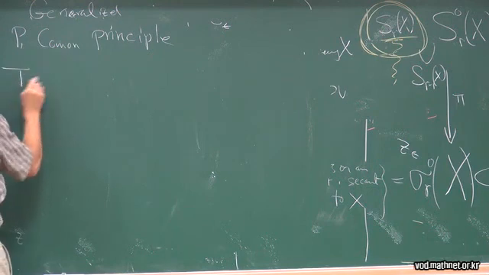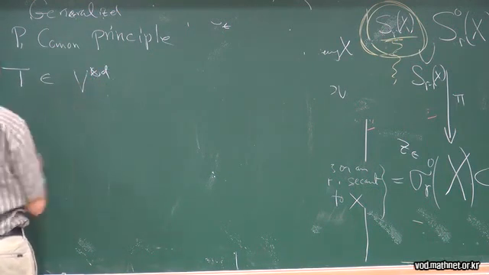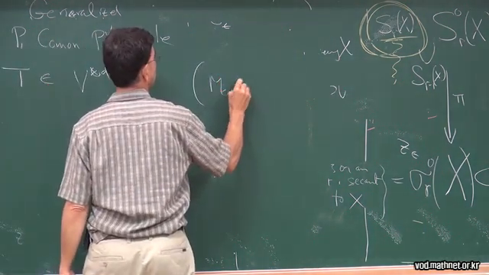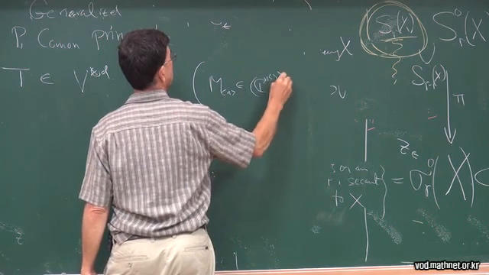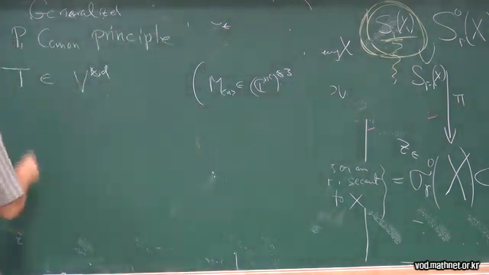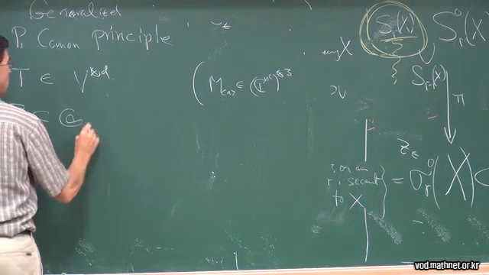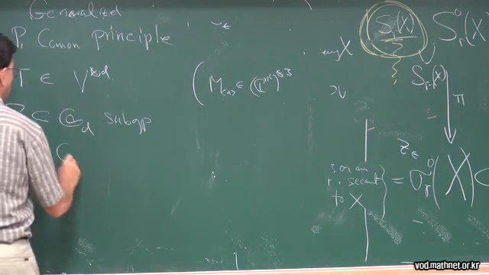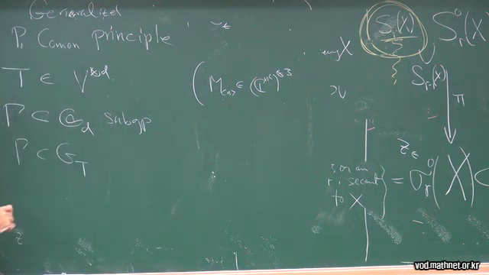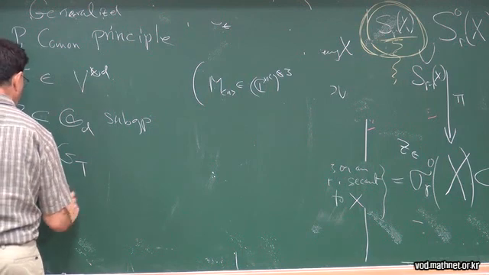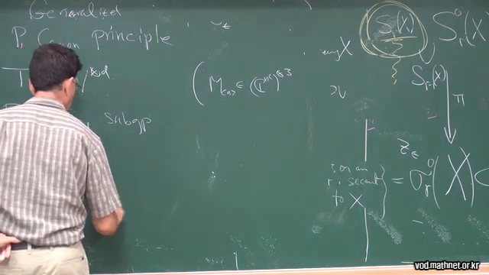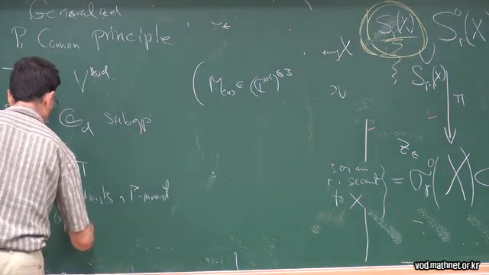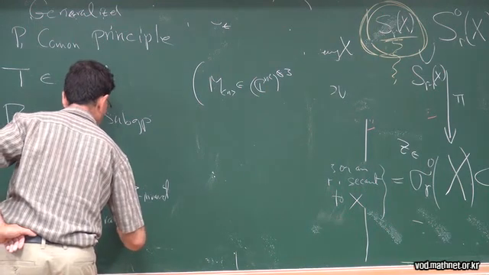So let's say I have a tensor T in V tensor D. In our case, we have matrix multiplication inside C^(n^2) tensor 3. And let's say gamma is a subgroup of the permutation group, and gamma is contained in the group preserving T. Then T admits a gamma invariant optimal rank expression.